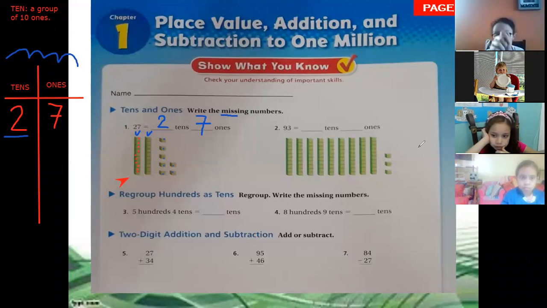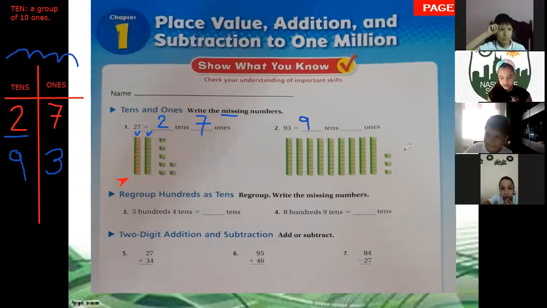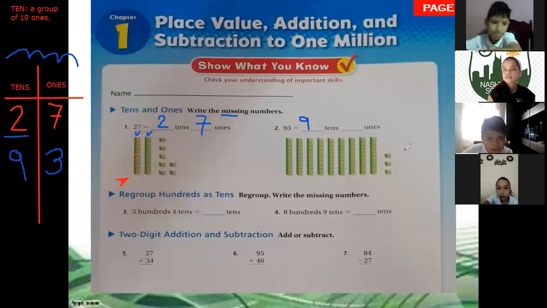In 93. Exactly, 9. Jose Sebastian, how many ones are in 93?